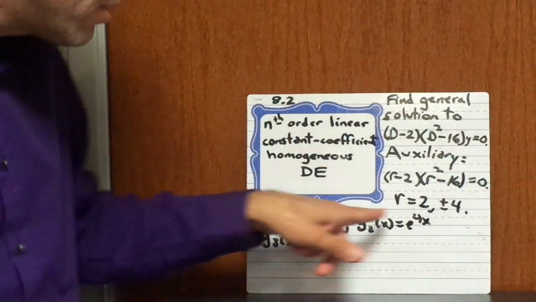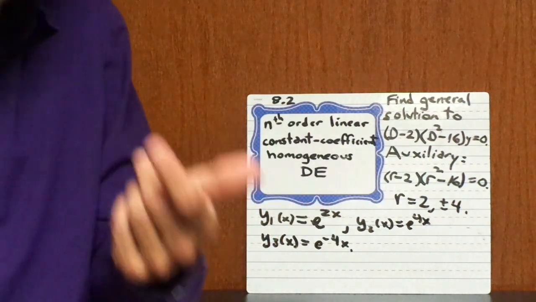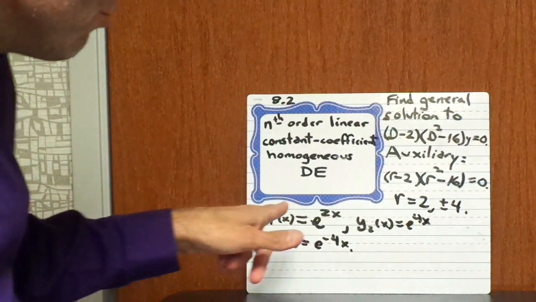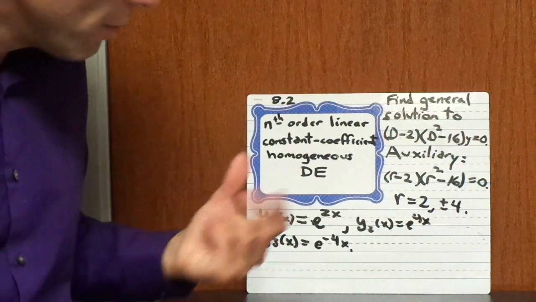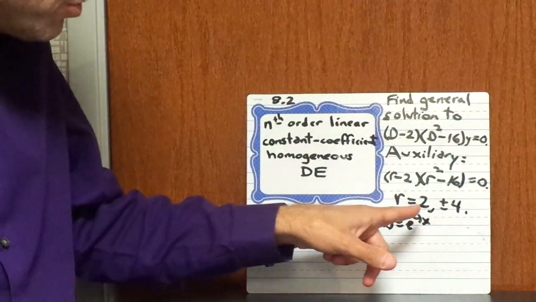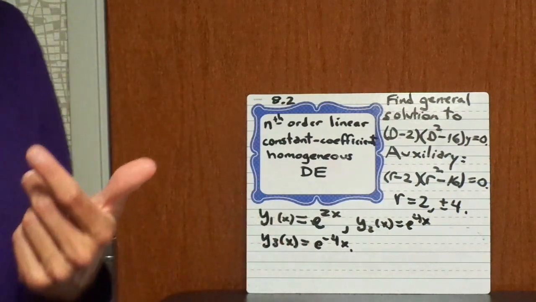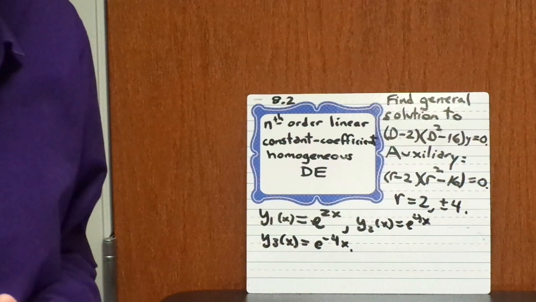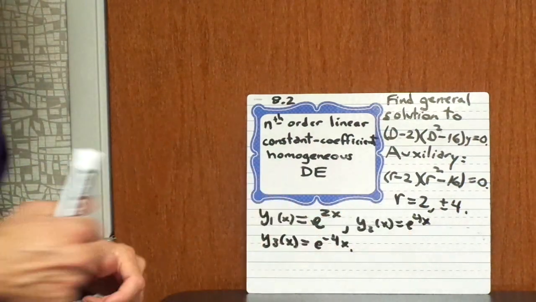Well, I've got 3 solutions here, and it turns out that they are linearly independent. You remember how we check that? Yeah, we can use the Wronskian. Remember the Wronskian that I talked about? The Wronskian of these 3 functions, e to the 2x, e to the 4x, and e to the negative 4x, if you calculate it, will not be 0. So these functions are linearly independent.